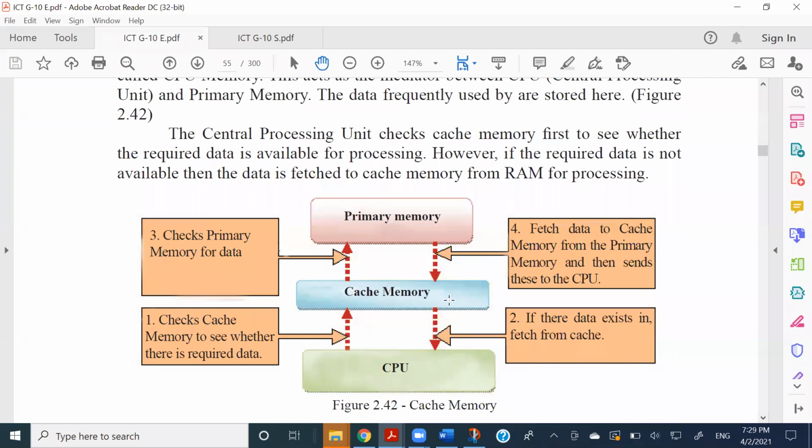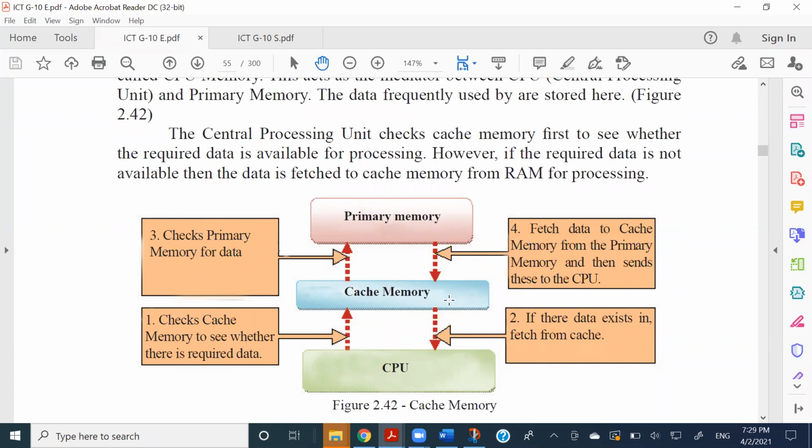The reason is the cache memory, because cache memory remembers what has been executed recently. So when the CPU is asked to execute Word, before it looks into the RAM, it looks to the cache.